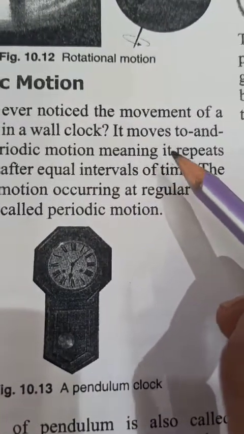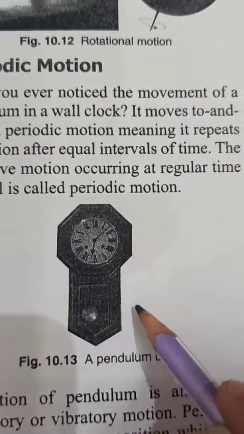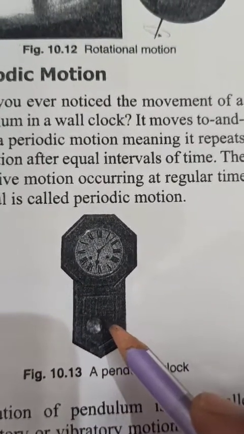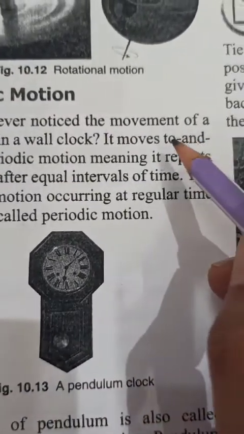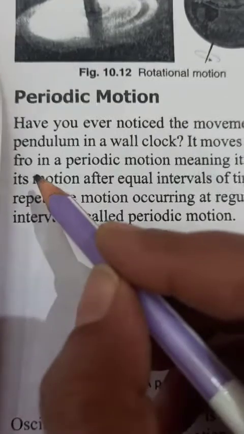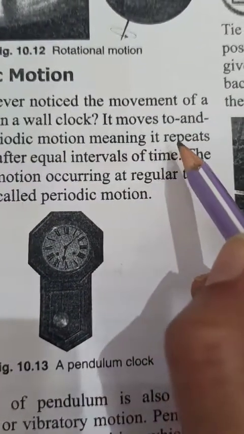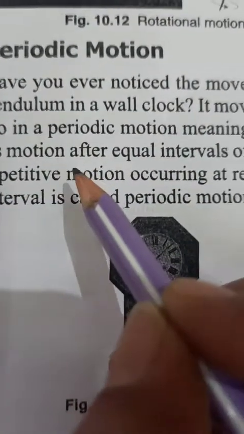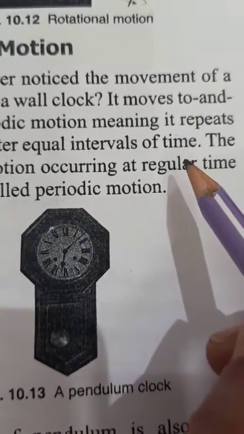Means this kind of motion which moves left to right, right to left, this kind of motion is called to and fro motion, okay, which is given here. And this to and fro motion means it repeats its motion after equal intervals of time.